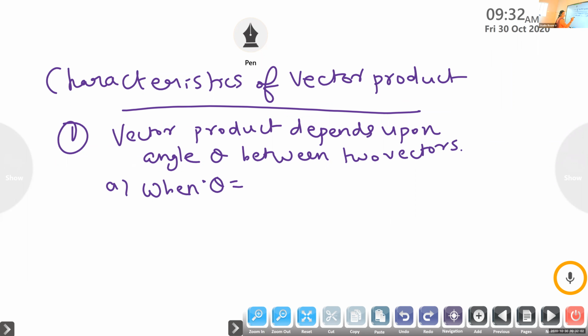So when theta is equal to 0 degrees, A cross B, that is the cross product, is equal to AB sine theta, that is AB sine 0. We already know sine 0 is equal to 0.